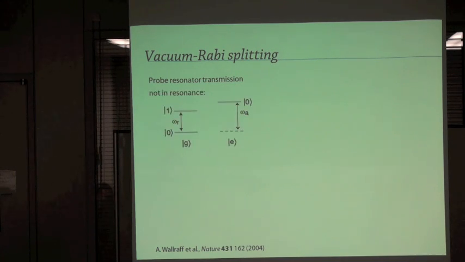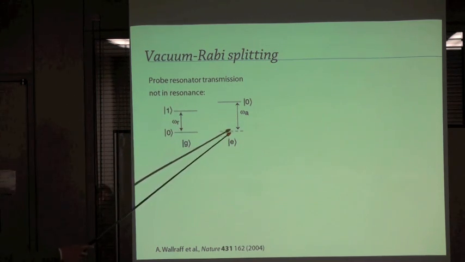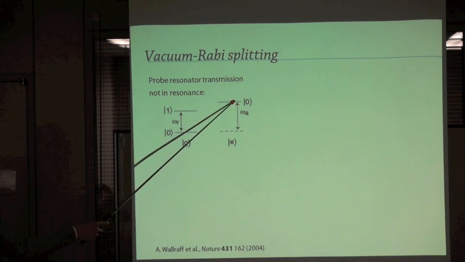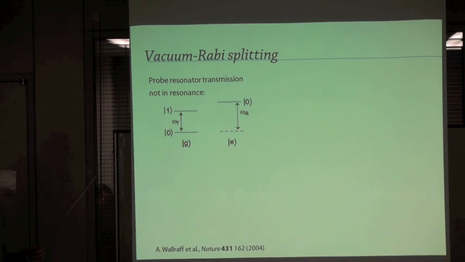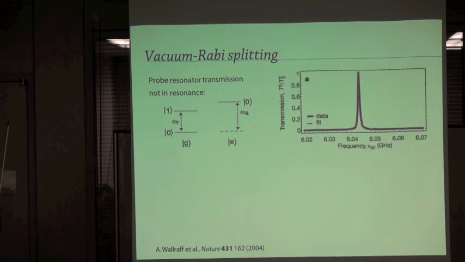So what we want to do is, first, consider the simple case when you're not in resonance. You have the resonator here at a certain frequency, and the qubit is detuned from it. Let's say it's higher up. If we probe our resonator, meaning we send a tone of various frequencies through the resonator and look at what comes out, we expect to see only this line here, a simple Lorentzian line shape.